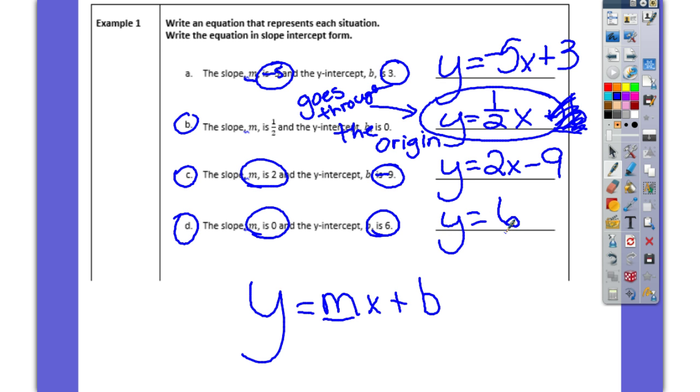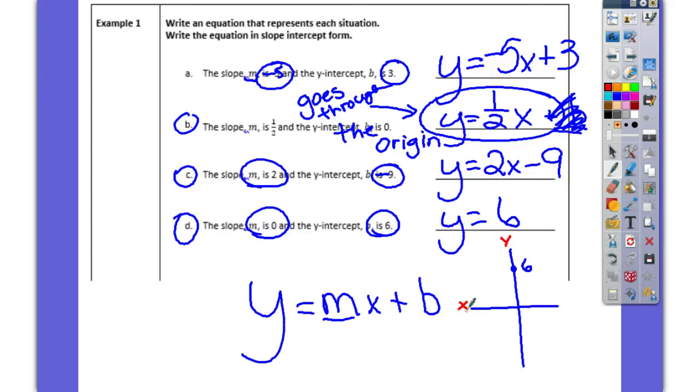Now under this I want you to do a little diagram, just draw yourself a little picture of what that would look like if we were to graph it. So draw your coordinate plane, and let's guess the 6 about right there. This is your y-axis, this is your x-axis. Which way do I draw that line now? If y equals 6, do I draw vertical or horizontal?